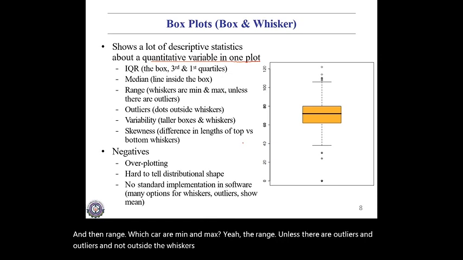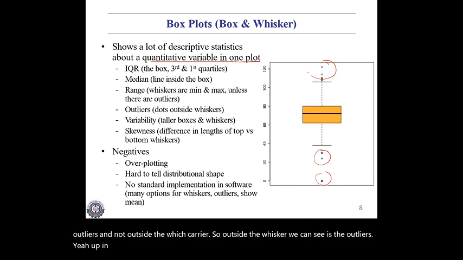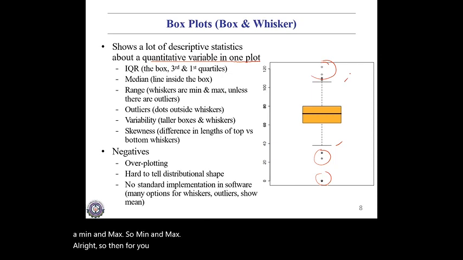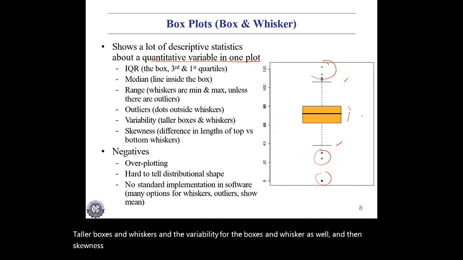Variability is shown by the height of the boxes and whiskers. And skewness is the difference in length of the top and bottom whiskers. So that is the skewness.